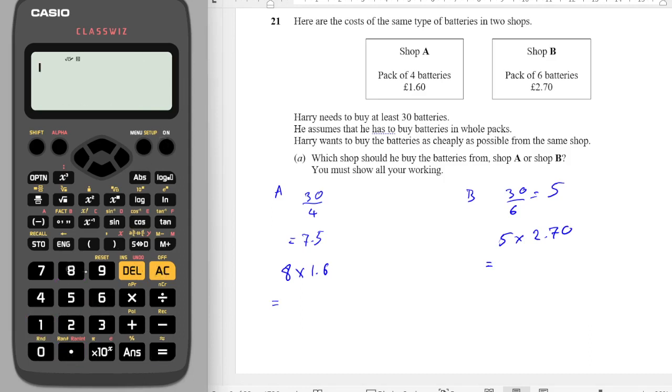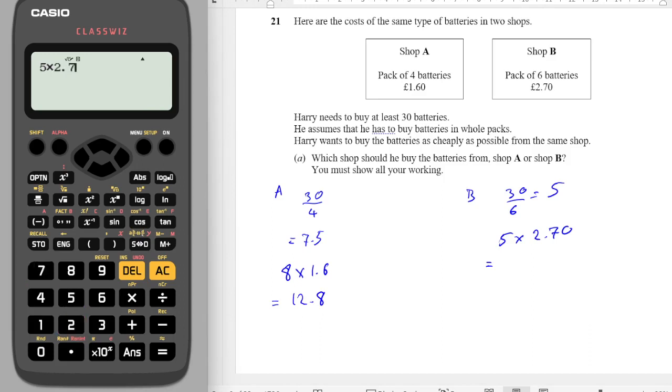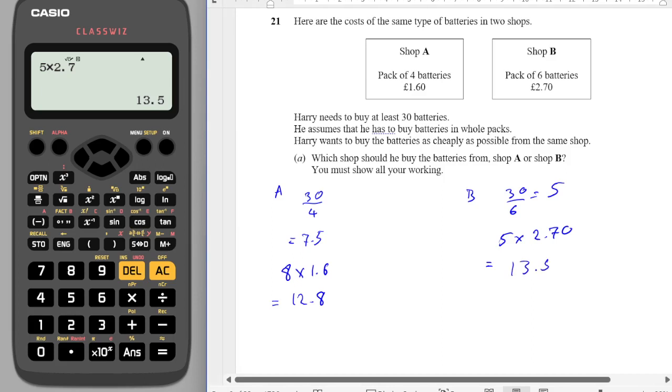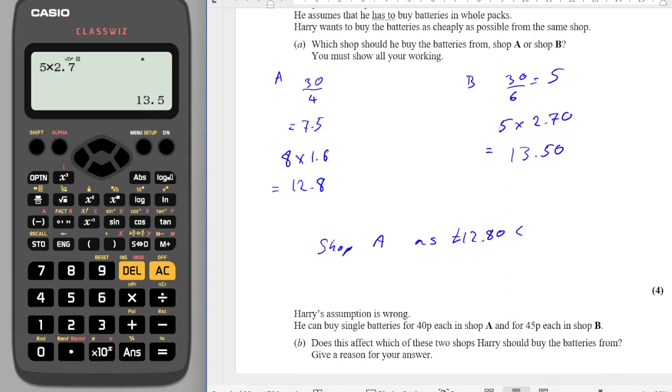Let's do that again. 8 times 1.6 gives me £12.80. So which shop is cheaper? That would be shop A. £12.80 is less than £13.50.